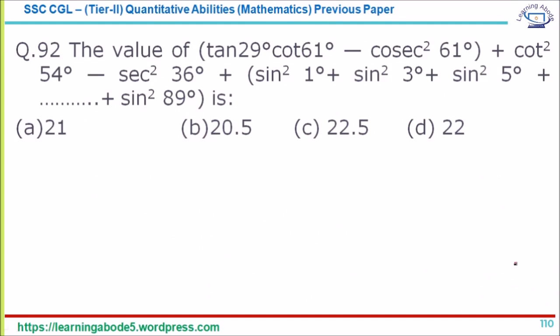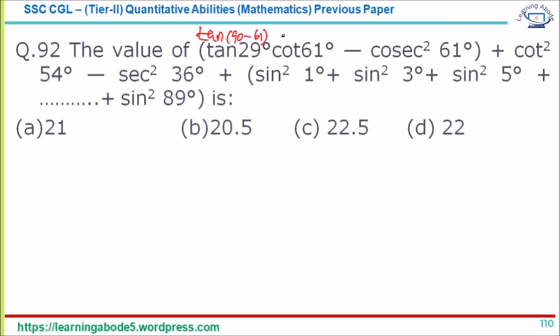Question number 92. Now here, we can again use this tan theta, you can write it as cot 90 minus theta. So you can write this as tan 90 minus 61.